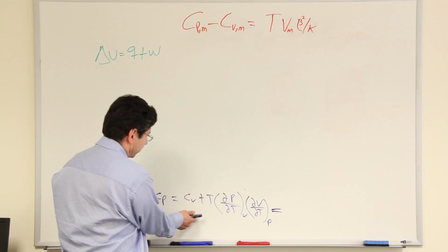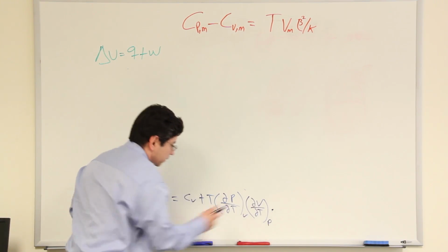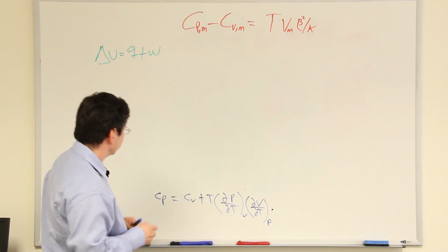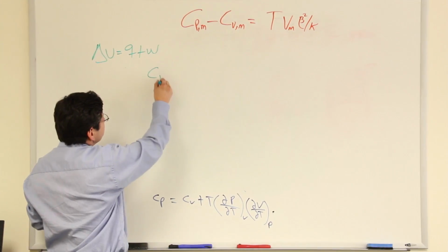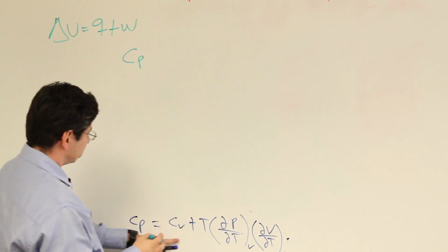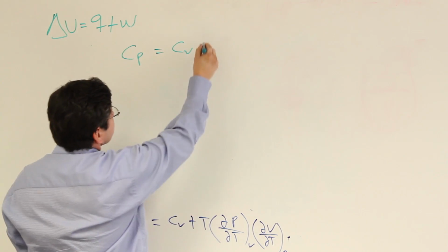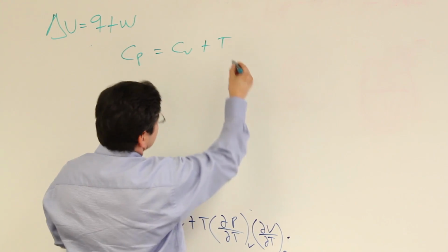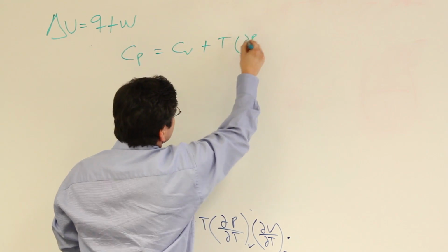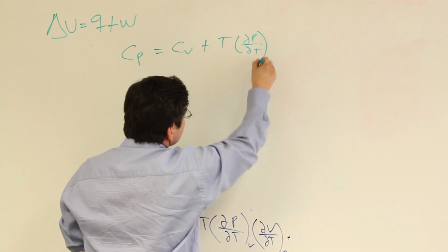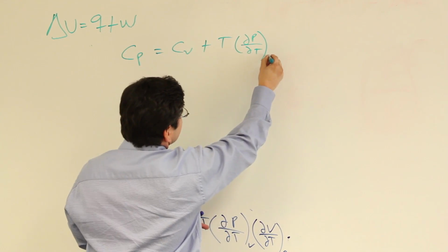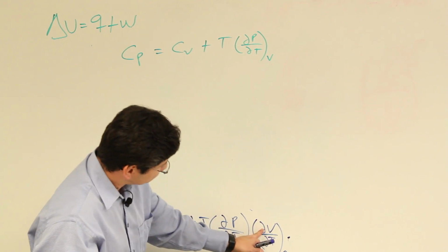Okay, here we are. I can say Cp equal Cv plus T dP/dT at constant V, and then this dV/dT.